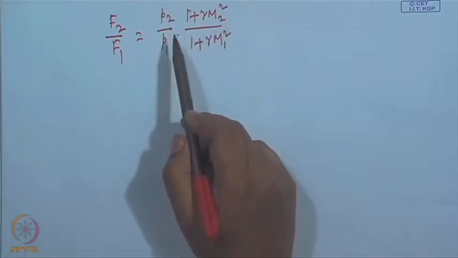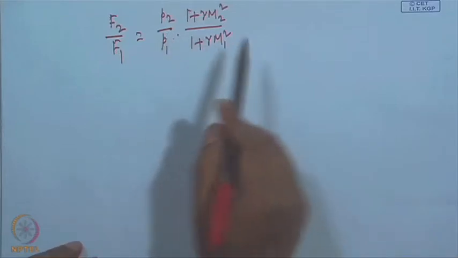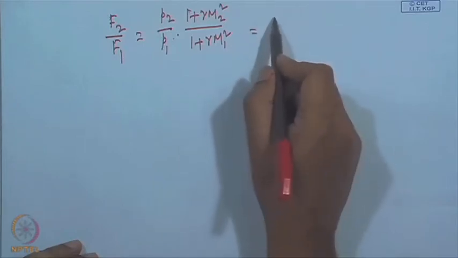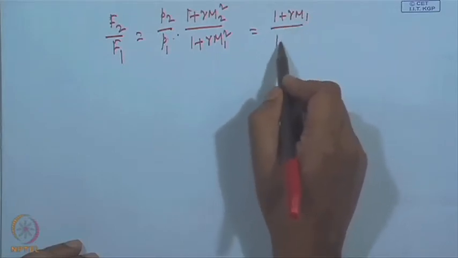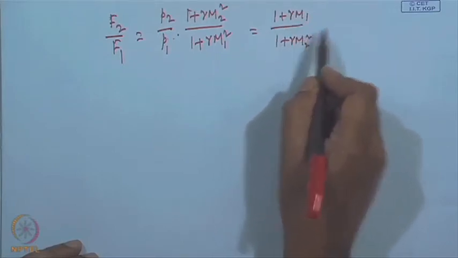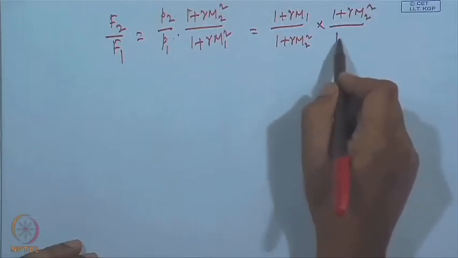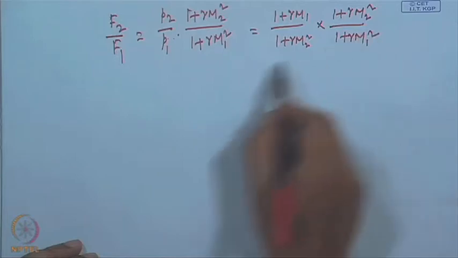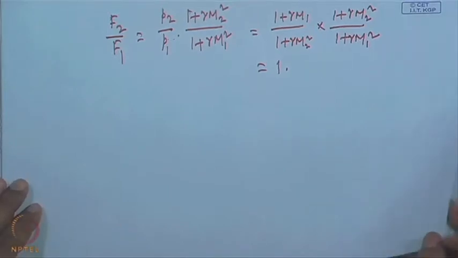As you can see, using the earlier relation, P2 by P1 is 1 plus gamma M1 square by 1 plus gamma M2 square, multiplied by 1 plus gamma M2 square by 1 plus gamma M1 square, equal to 1. Of course, we have seen in the beginning that the impulse function is constant for flow in a uniform area duct without friction.